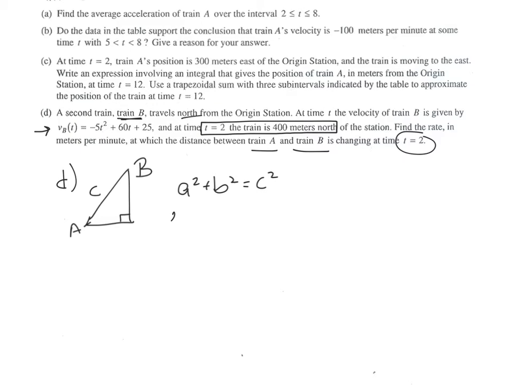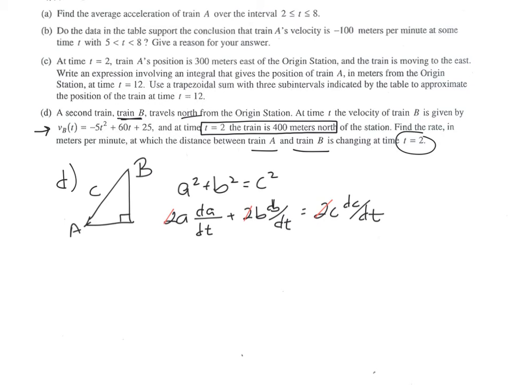And then the derivatives. We've got 2a da/dt plus 2b db/dt equals 2c dc/dt. We can cancel out all of those 2's. And we're looking for dc/dt.